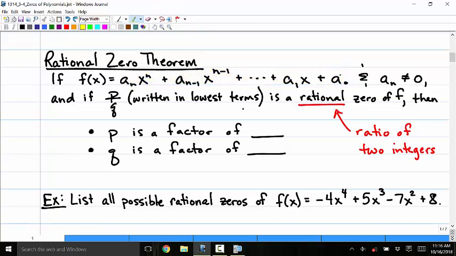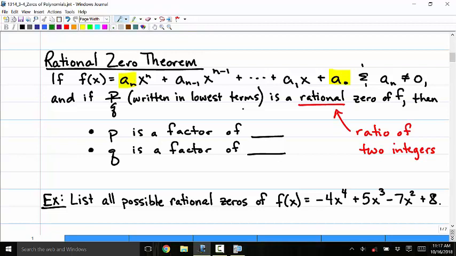So if you have a polynomial of degree n, and you know that p over q, written in lowest terms, is a rational zero. This does not guarantee anything about the irrational zeros, just the rational ones. But if p over q is a rational zero, then p has to be a factor of a sub naught, and q has to be a factor of a sub n.